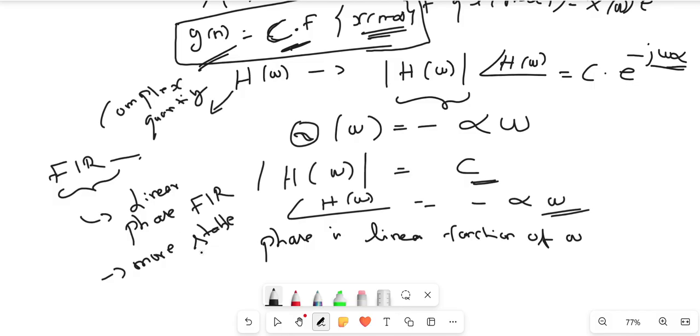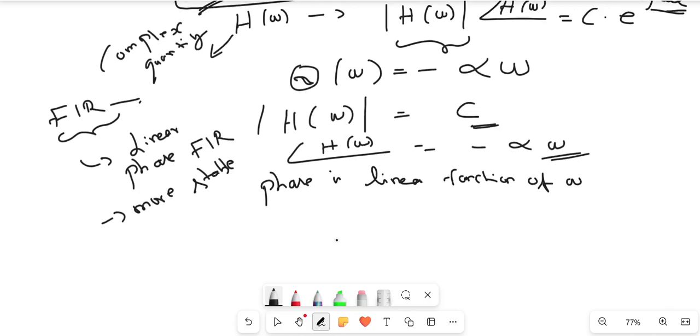Depending on the application, you can choose either FIR or IIR. The classification of filters we will discuss now.